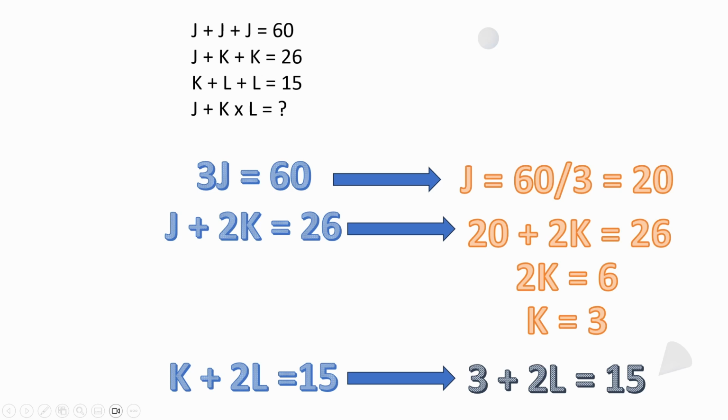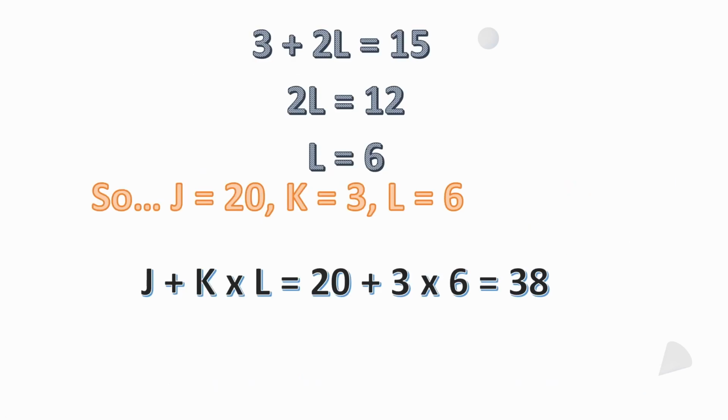Okay, hopefully that makes sense. You can think about that one for a second if you need to. So again, here I brought this back over on this next page. 3 plus 2L equals 15. Well, how do I get down to L? First of all, we can subtract 3 from both sides of our equation.